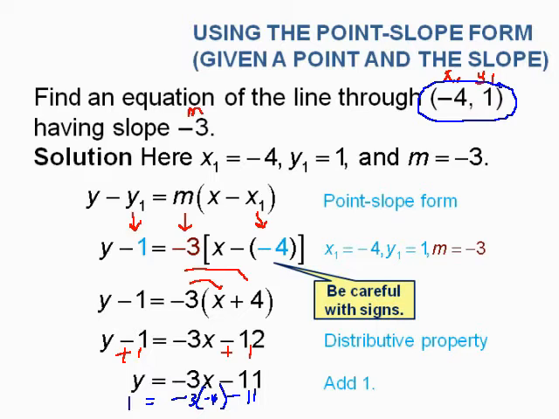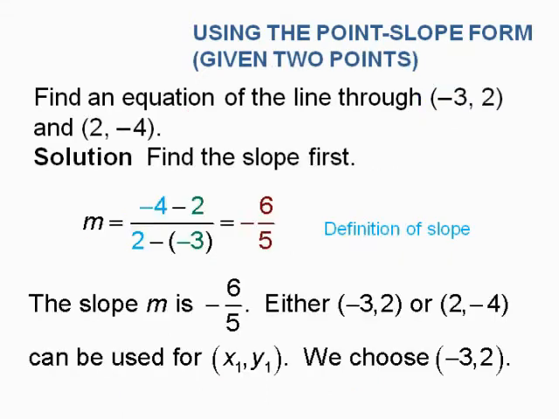If I take -3 times -4, I get +12, subtract 11, it does come out to 1. So it makes perfect sense in our answer, so that's always a good feeling. Check and make sure that any point or points given satisfy your equation.